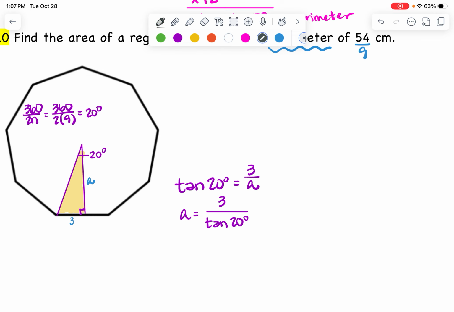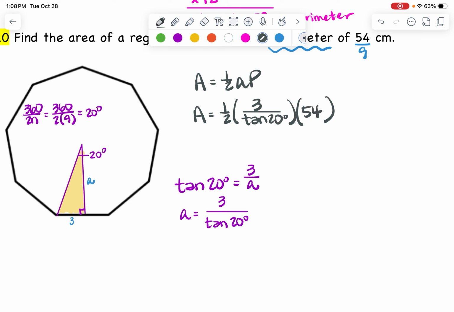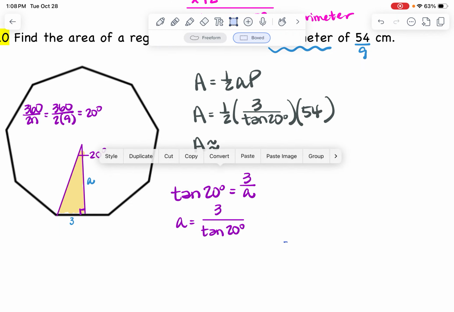All right, well, now I can do my formula. Area equals 1/2 apothem times perimeter. My apothem is 3 over tan 20. And of course, our perimeter, they gave it to us. We don't have to do all that multiplication, so we just get 54. Then we can throw that in our calculator and round it off.